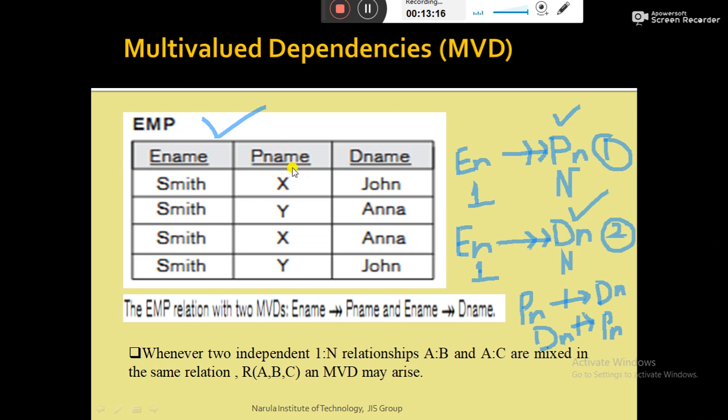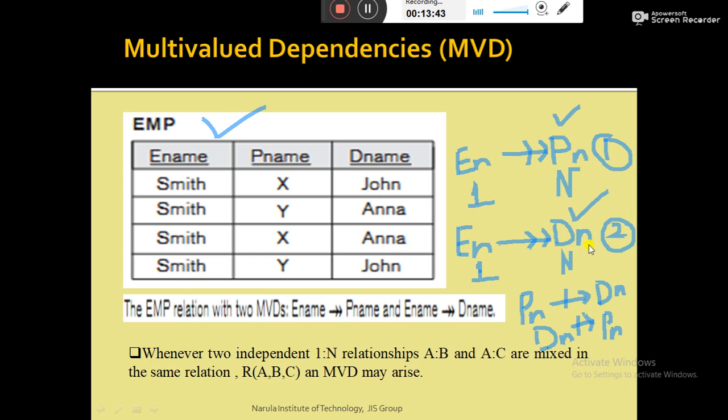X and Y. So en multi-determines pn. So this is a 1:n relationship. Second, if we provide the employee name Smith, how many dname values do we have? 2, John and Anna. So another 1:n relationship exists, between en and dn. So in the relation EMP, two 1:n relationships exist.